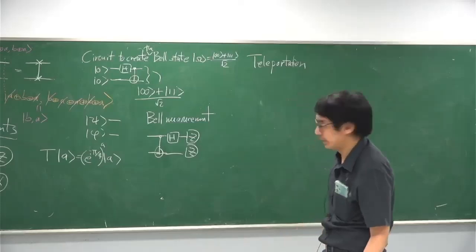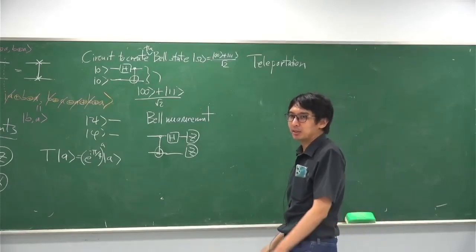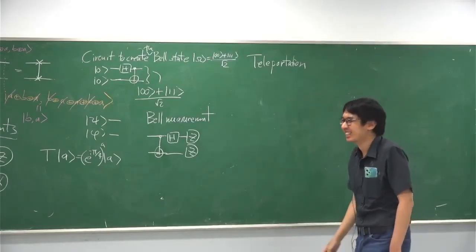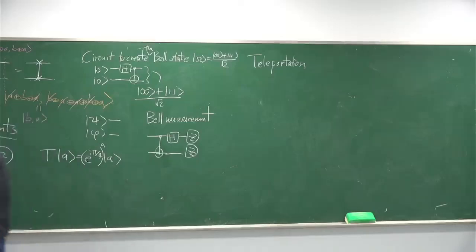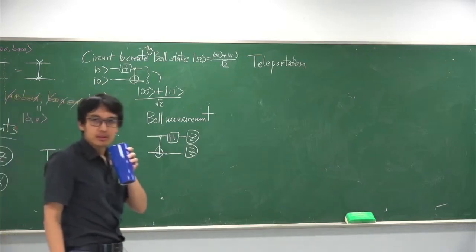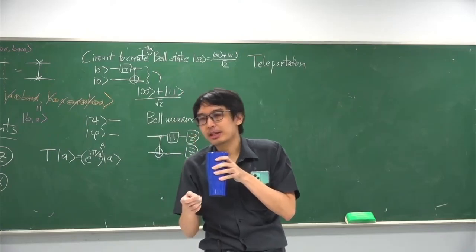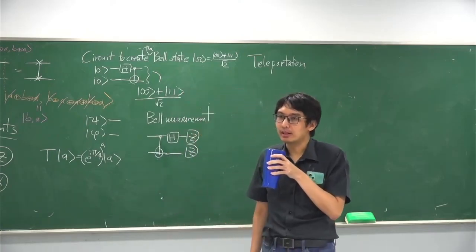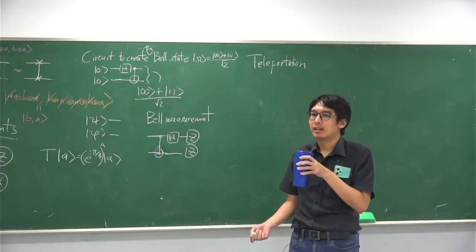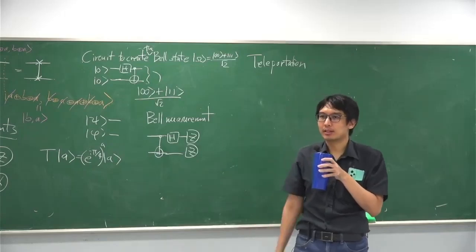Okay, so describe the teleportation protocol to me. So first, how many qubits do we have? Sorry, what did you say? 3. Because you need an entangled pair and a state that we want to send.